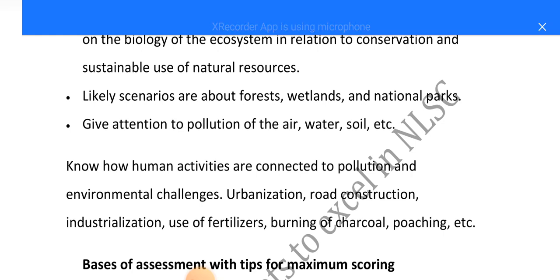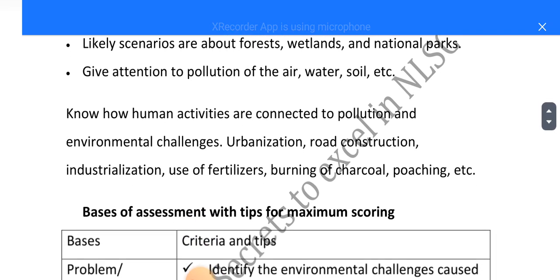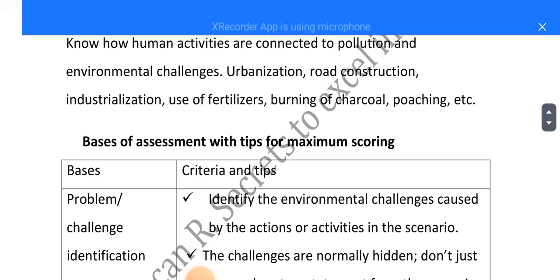Then after underlining, you now begin identifying, because they will say identify the possible challenges in the scenario, or they can talk about problems, then how to address the problem, and lastly they can talk about the benefits of conserving the environment. That's all.